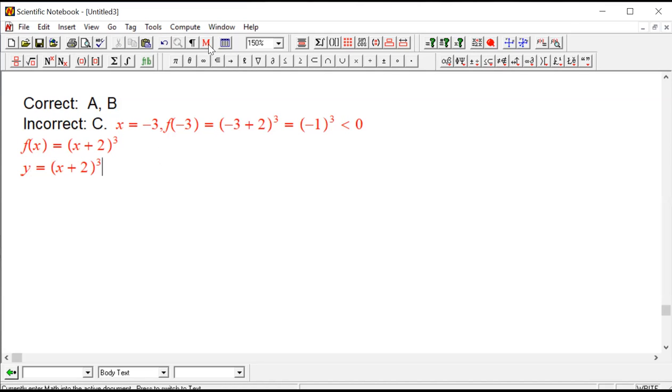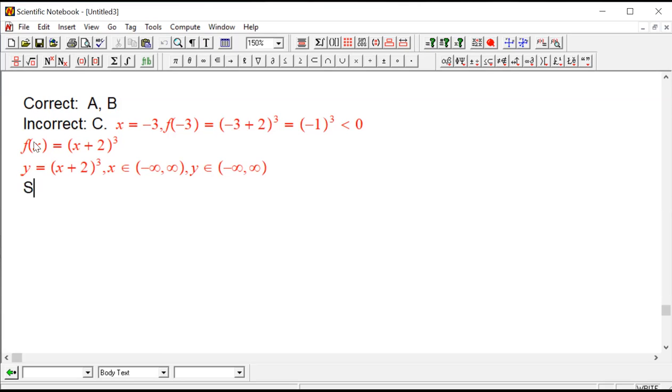The domain is all real numbers, so x is from all real numbers, and y belongs to all real numbers. You can look at the graph: horizontally it can go as far as possible, vertically it can go as far as possible.